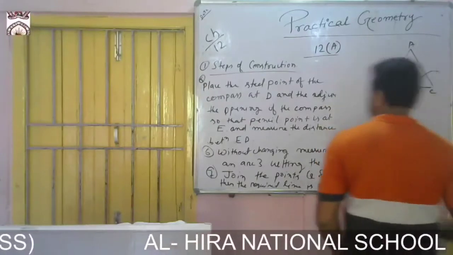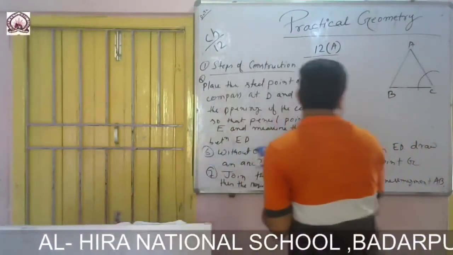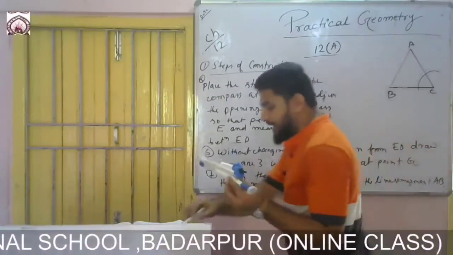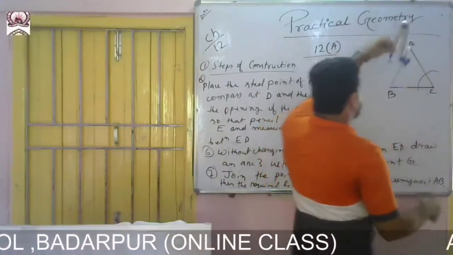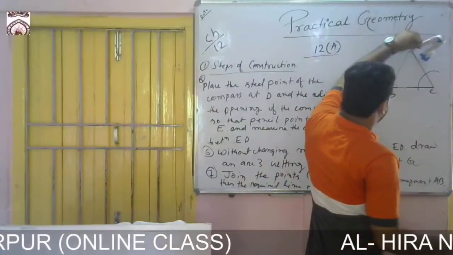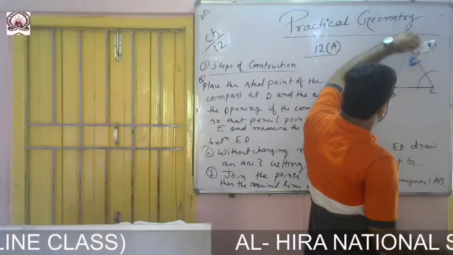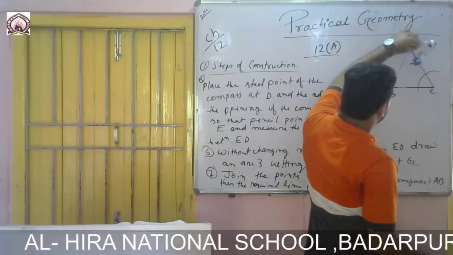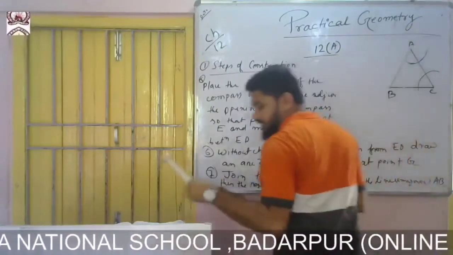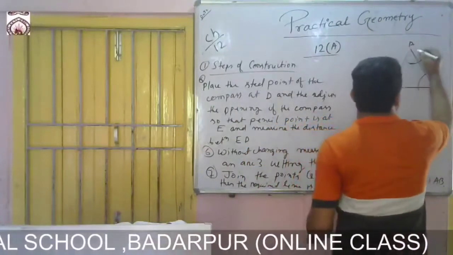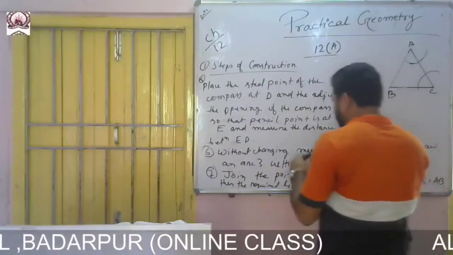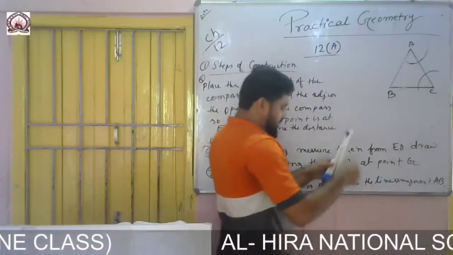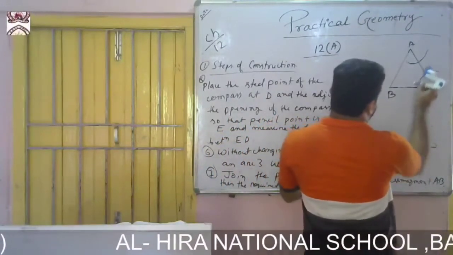And without changing the radius, draw another arc from A. Here I cannot draw exactly with this one, so you draw like this without changing the radius, draw another arc from A.